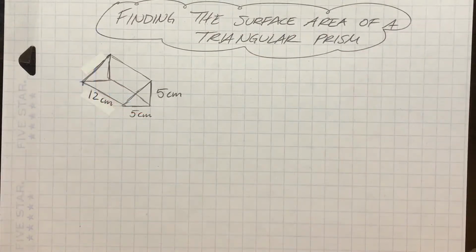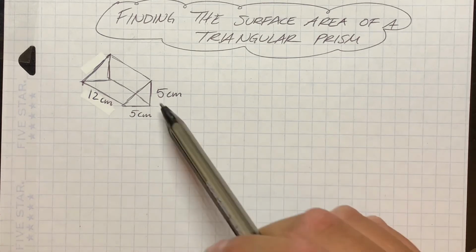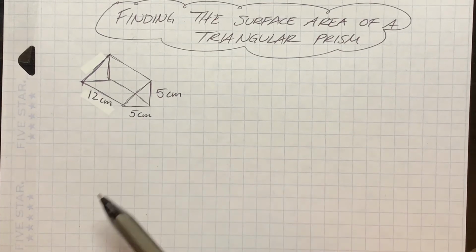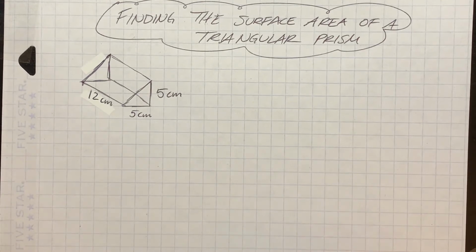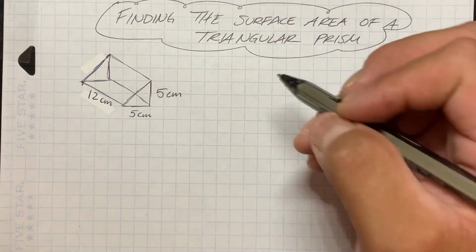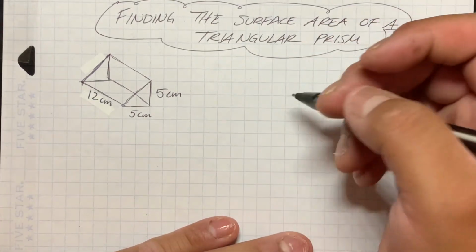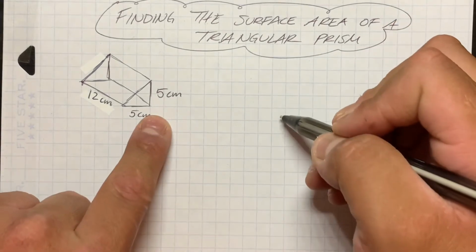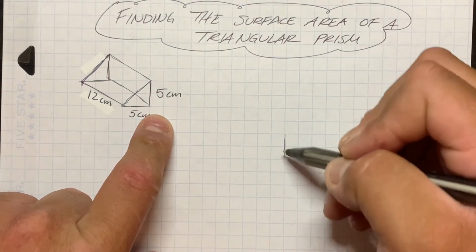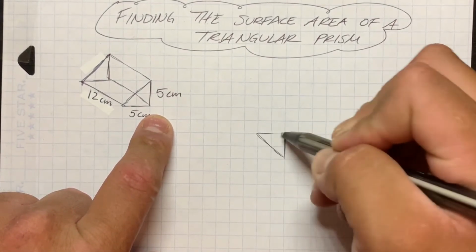All right, next we're going to go ahead and find the surface area of this triangular prism. Again, it is a prism because both base 1 and base 2 match. They're identical. Again, you're using the X, Y, and Z axes. So all we're going to do right now, step 1, is unfold this figure into a net. Okay, so let's unfold it. Let's see here. So we'll have a triangle down here.